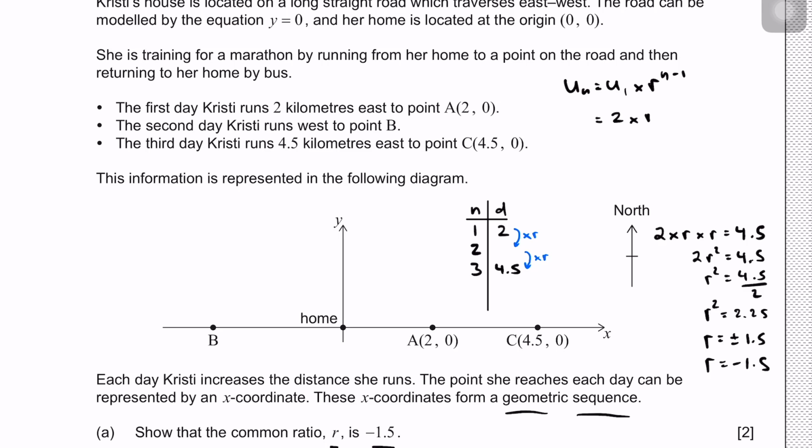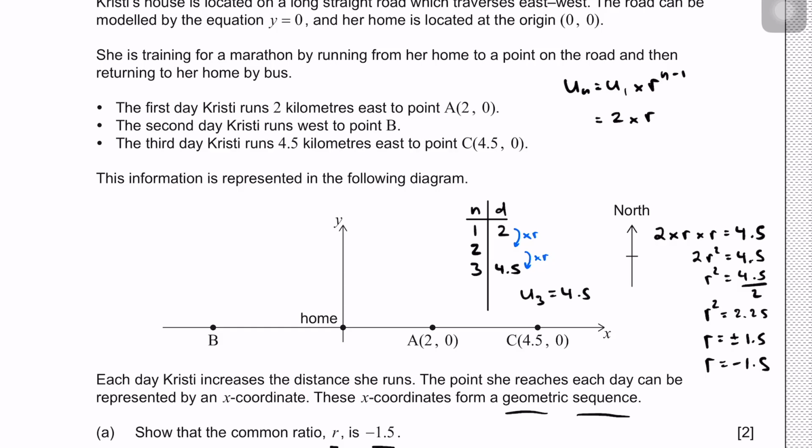Let's say we don't know our common ratio, but we do know this value here. That is to say, we know that u3, or the third term, is equal to 4.5. So when n is equal to 3, un is equal to 4.5.